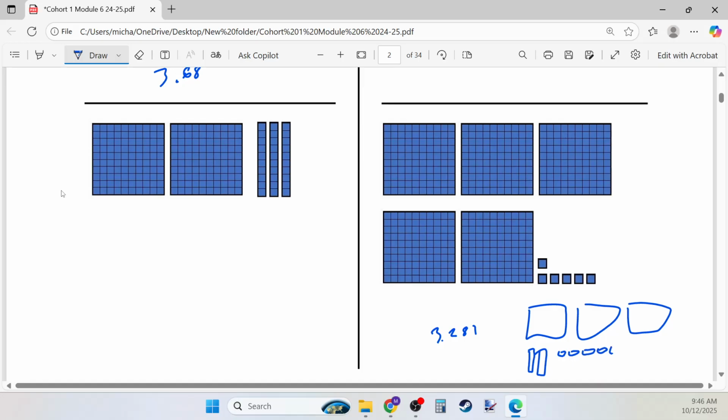Maybe I should have picked a smaller number than 8. We could continue and make little rectangles, but this just gets hard to see because they're so small. But that's just the idea going down: you're always taking the squares and breaking them into 10 equal rectangles, taking the rectangles, breaking them into 10 equal squares as you go down.